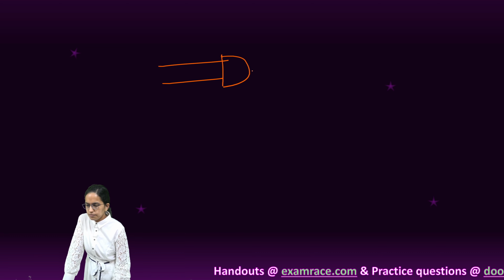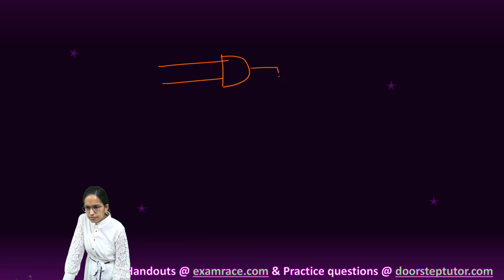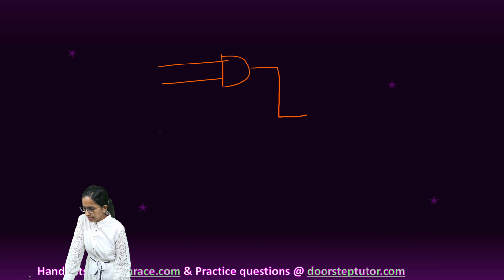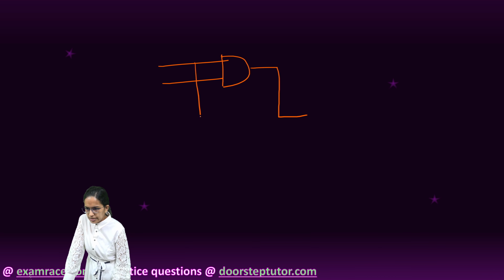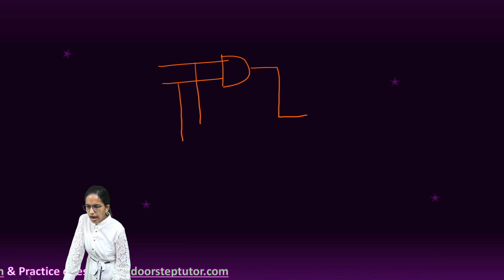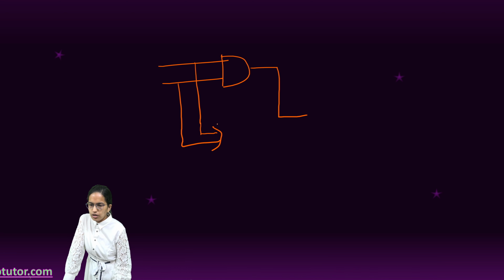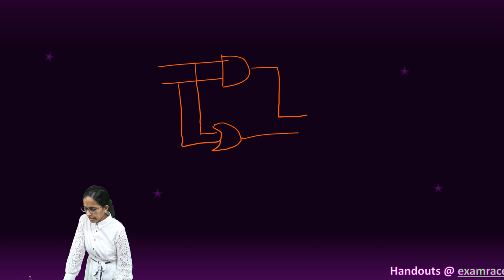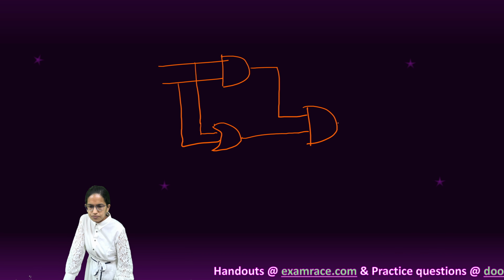Let me take another example. My other example is, I have an AND gate which is connected here. Now from this AND, I take the same paths and connect an OR gate. So I have an OR gate which is connected here, and this OR gate is finally going into another AND gate.